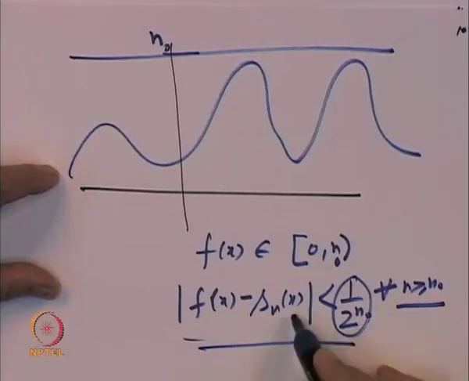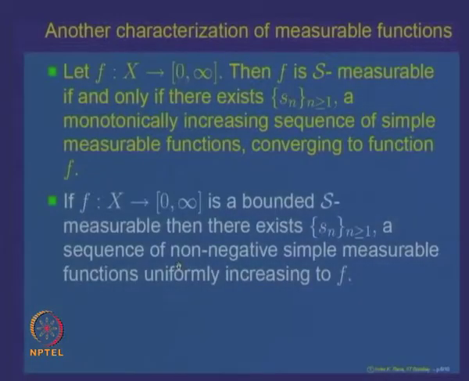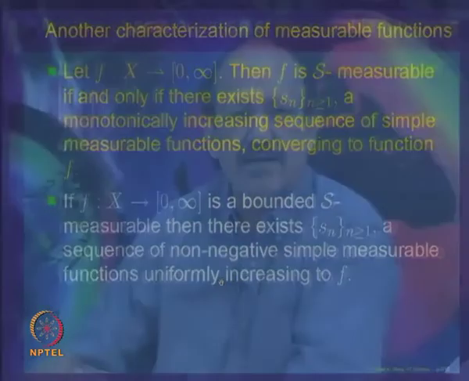That means the same epsilon works for every x, so the sequence S n converges uniformly to f of x. This is an observation which we may not need, but it is good to note that if f is a bounded measurable function which is non-negative, then there is an increasing sequence of non-negative simple functions uniformly increasing to f. So, this is the case when the function is non-negative.